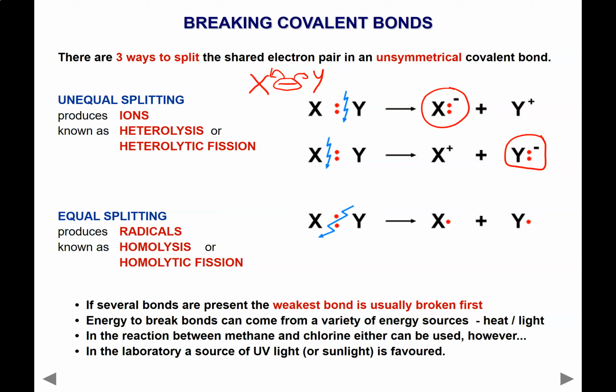If you were to split them equally though, you form radicals, so it's called homolysis or homolytic fission. So you have one electron with each, with no charges associated with them, because the charges you're talking about here are relative to each other, and the charges of both of these are exactly the same.